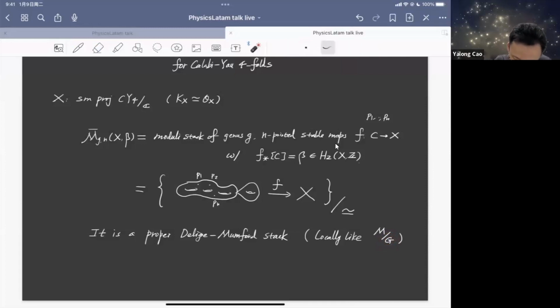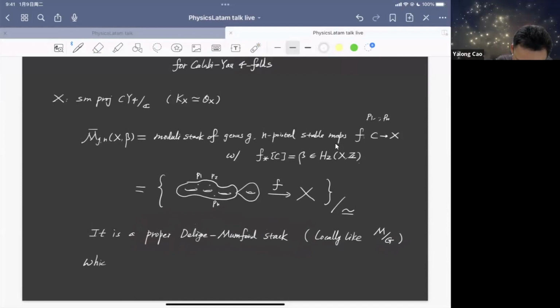And when I say proper, it's basically some compact space in the Euclidean notion of topology. So one key feature of this moduli stack is that it could be very singular.